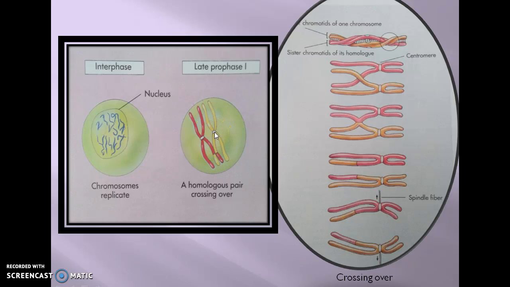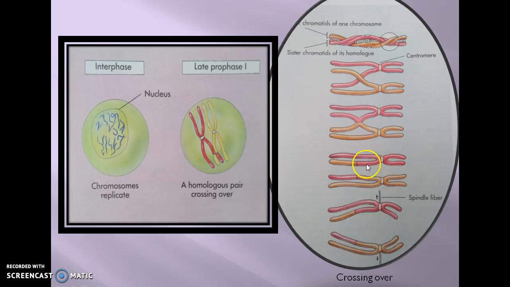For example, the centromere is located in the middle in one chromosome, and in another chromosome the centromere is located near the border. Those are homologous chromosomes. They are the same in length. They come near each other in prophase 1 and exchange their genetic material, as you see here. They are crossing over.